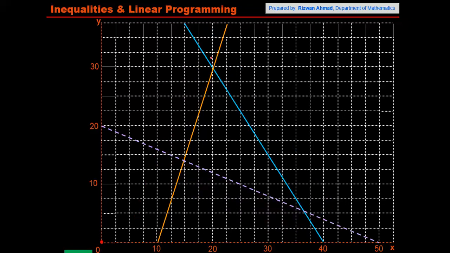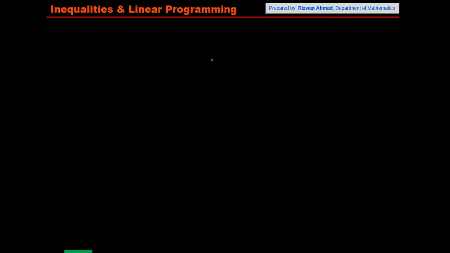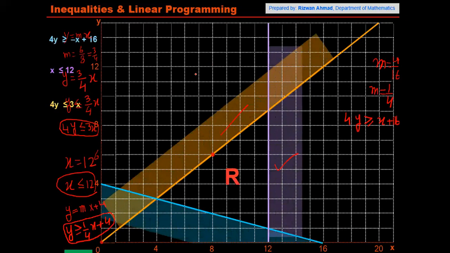Before this, I think there is a mistake in the previous page. I realized we forgot to put a negative sign here, because you know that this line has a negative gradient, so there must be a negative sign with m. So this is actually negative 1 over 4.